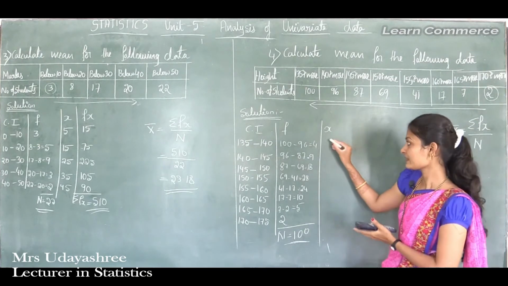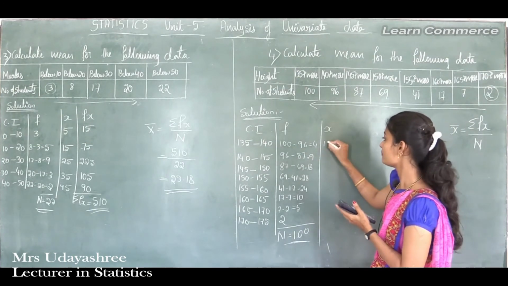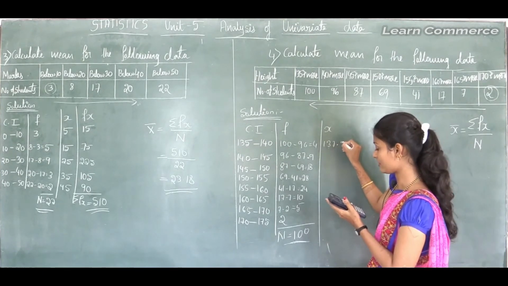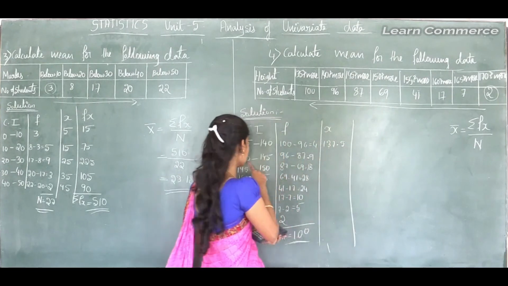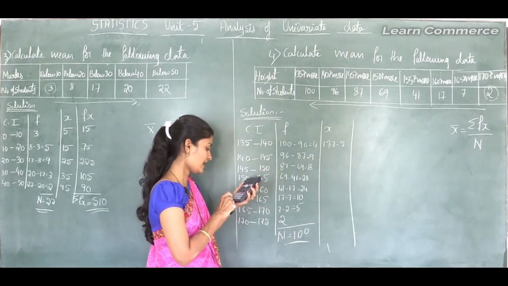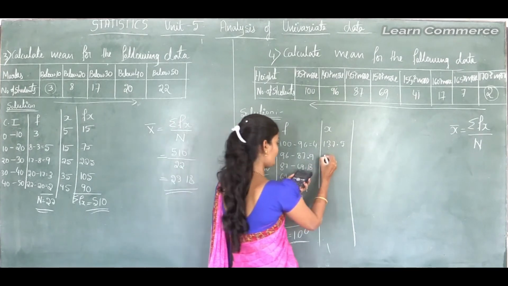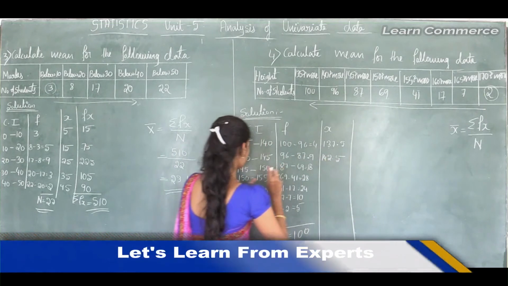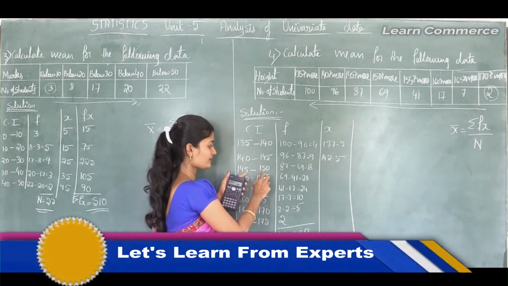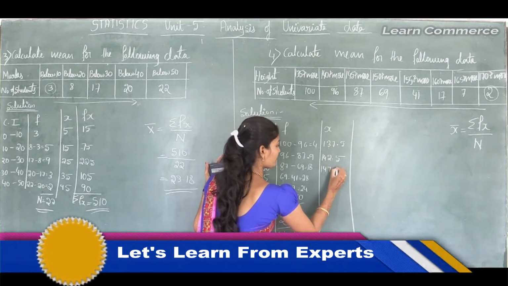So the first midpoint of this class is 137.5. Next, 145 plus 140 divided by 2 is 142.5. Okay, next 145 plus 150 divided by 2 is 147.5.